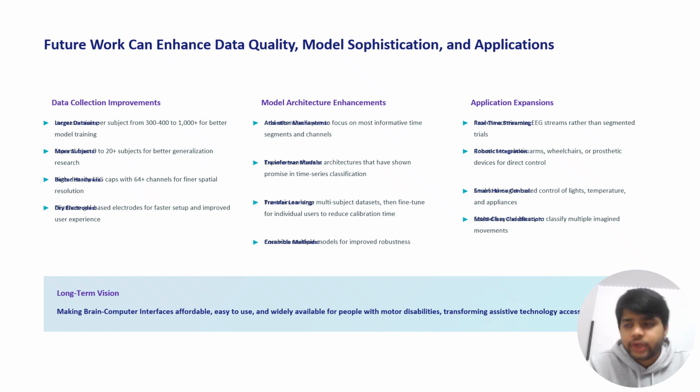And for real world application, I would say we need to find something that can reduce the latency for model inference and prediction time. And other than that, we need to integrate the model with robotics systems like ROS and simulators like Isaac Sim. So the long-term vision for this project is to make brain computer interfaces affordable.